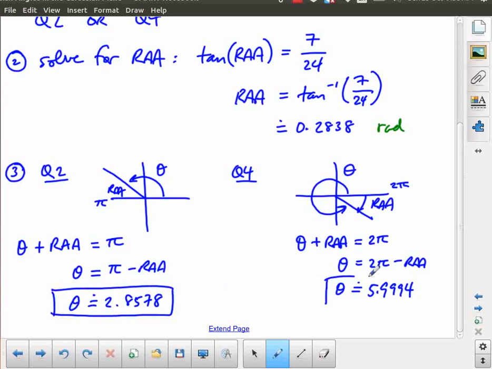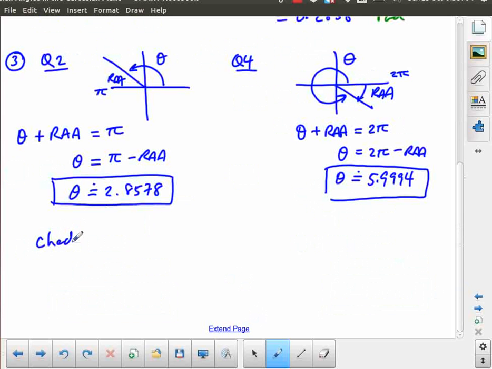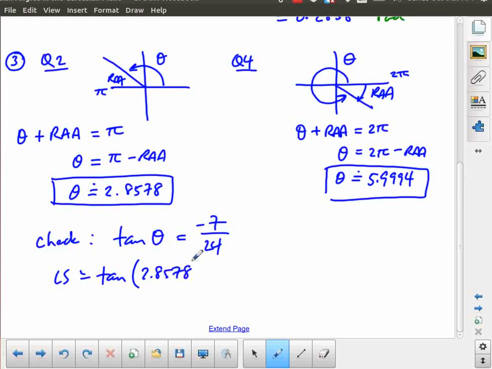And so those are my two possible values for theta. And another way, if you wanted to check this, I could take the tangent of theta. Remember, it was negative 7 over 24. So my left side is equal to tan of 2.8578, which is approximately equal to negative 0.2917.